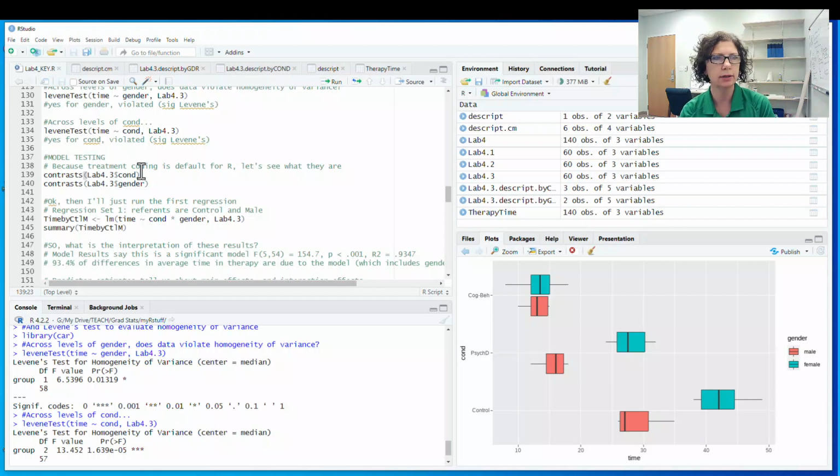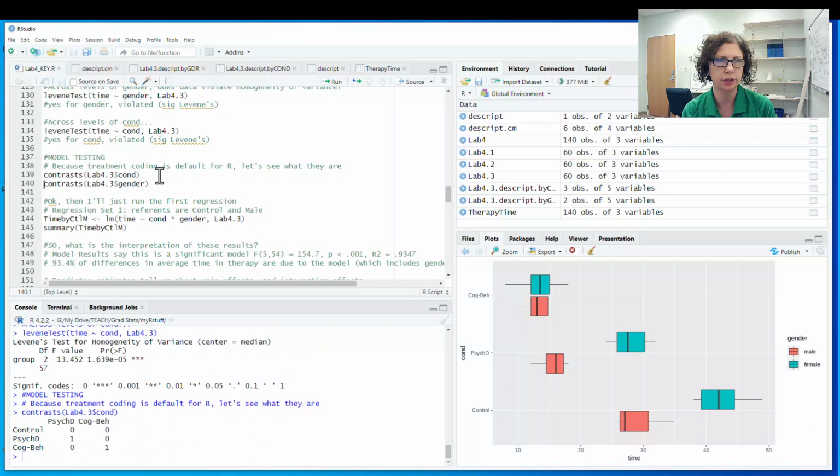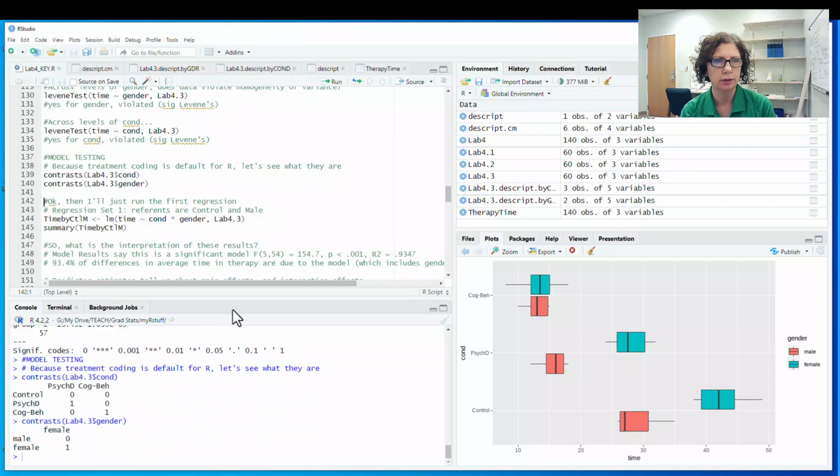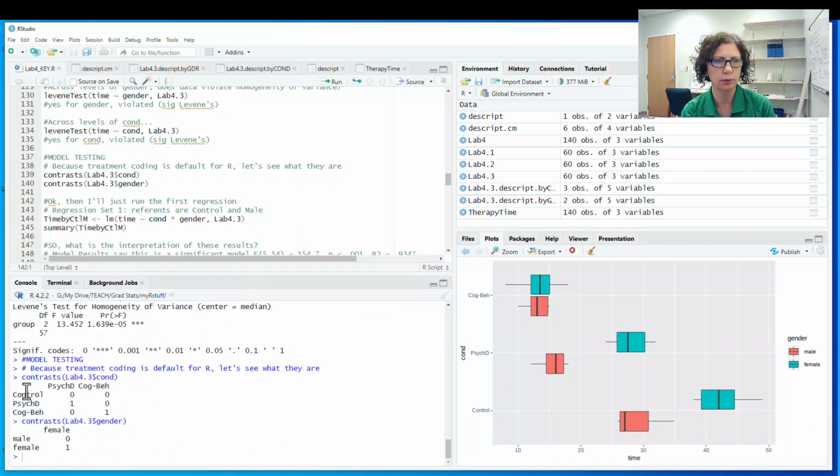So let's take a look and find out what they are naturally. So contrast for condition and for gender shows us that control is referent for the therapeutic conditions, and male is referent for the gender. So we'll just run with that.